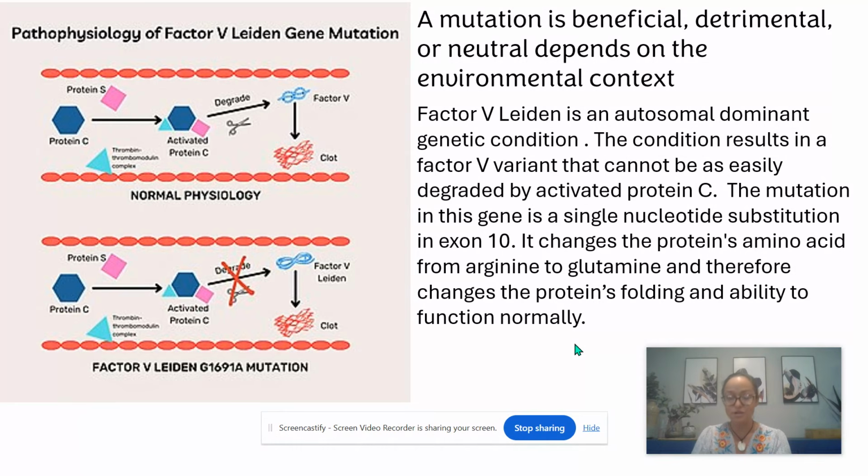It's just a switch. So a substitution mutation is switching an A for a C on accident during replication or due to external factors. And this mutation caused a misfolding of my factor V protein, and that leaves it on or active for too long.